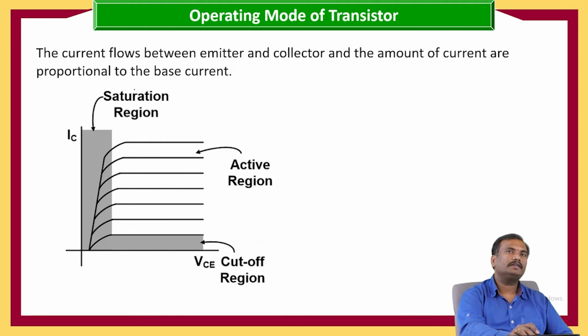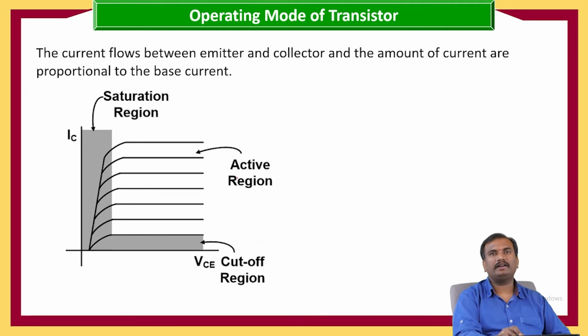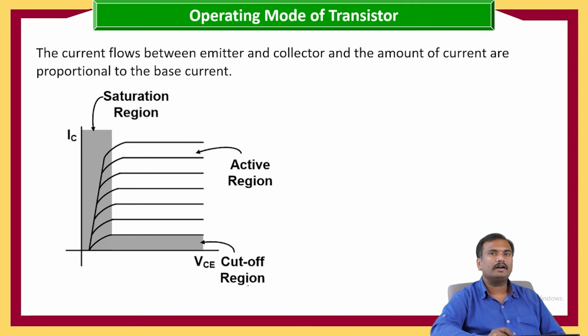So this region is called the saturation region because the current will be nearly constant. And here this is the active region where the transistor is going to work, and this is the cutoff region. In this region no conduction will take place in the transistor.